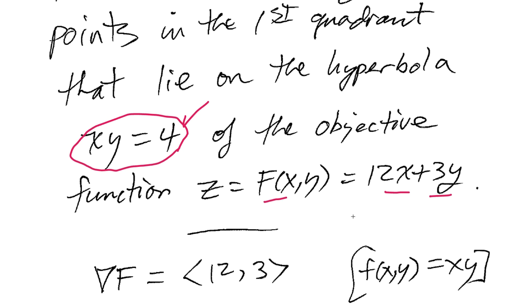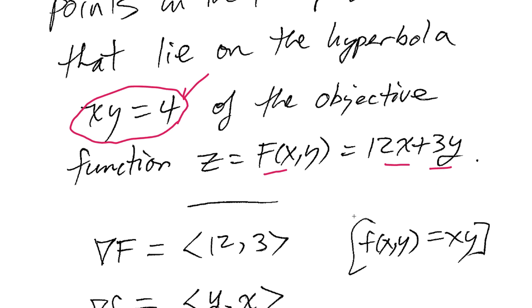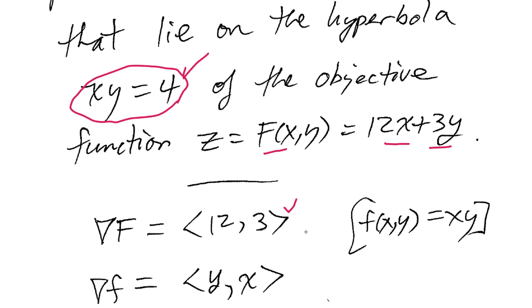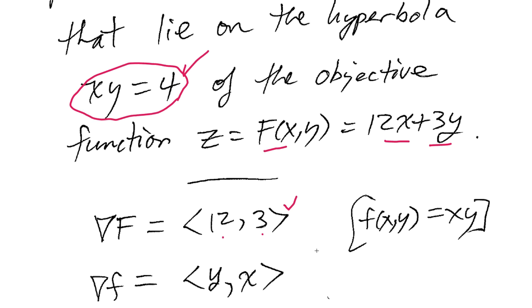Okay, well, how do I work this problem? We're going to start like this. We'll find the gradient of cap F. That's easy. You differentiate cap F with respect to x, then with respect to y. x and y are independent variables, so we get 12 and 3. What's the gradient of little f? Our little f should be xy, and our c is 4.